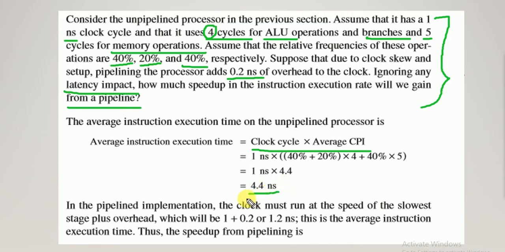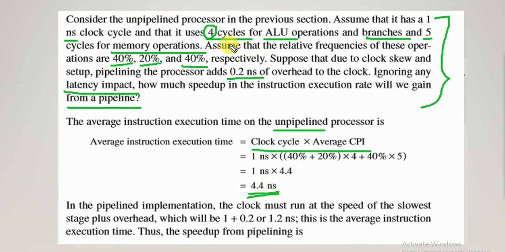4.4 nanoseconds is the average instruction execution time in this particular situation when there is no pipelining being implemented. Initially we are considering the situation when we are not implementing pipelining, and the instructions are executed one by one, with a number of clock cycles for each operation, and totally it will take 4.4 nanoseconds.